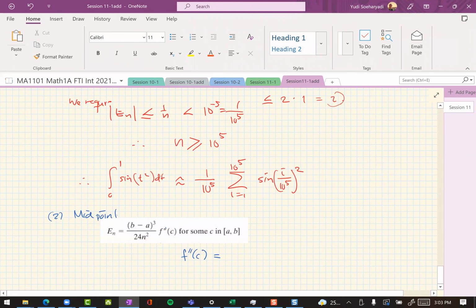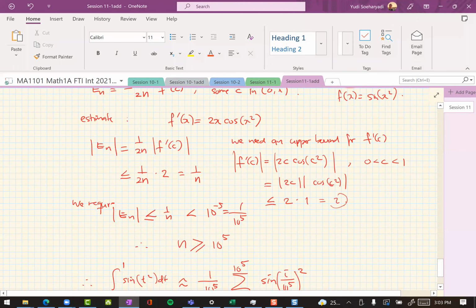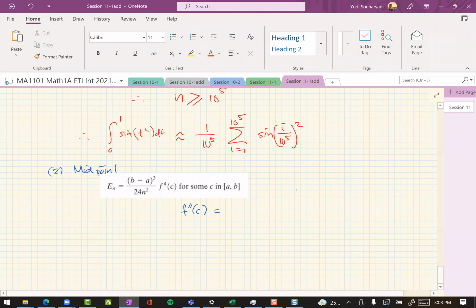Okay. First derivative is 2x cosine x squared. So the second derivative is just the derivative of 2x, which is 2, times cosine x squared, plus 2x times the derivative of cosine, which is negative sine.